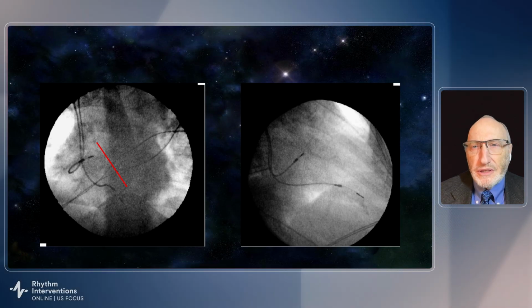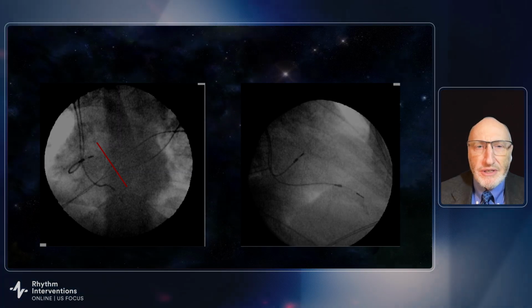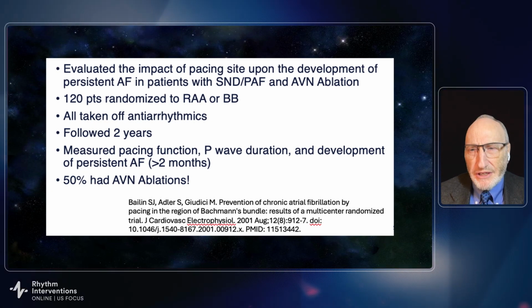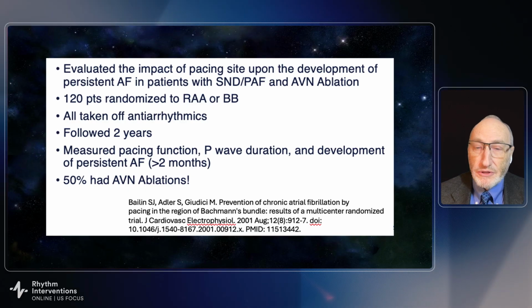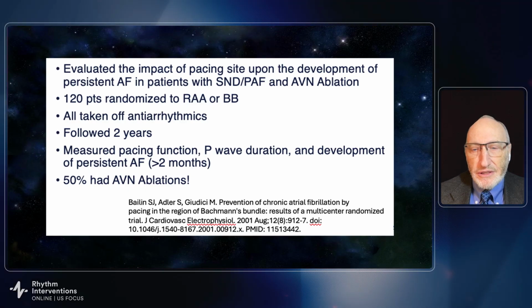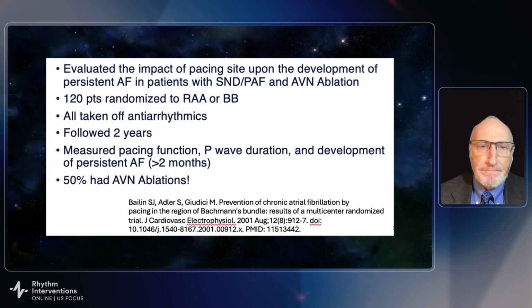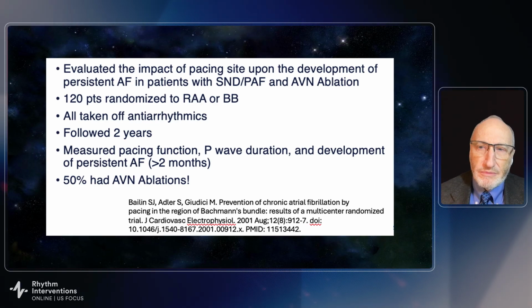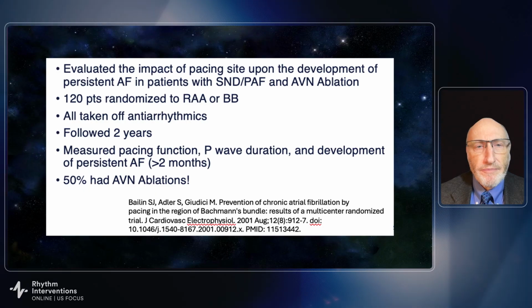Of course, the implication of the site was that we could demonstrate shortening of the PR interval, as well as shortening of the P wave duration. And we'll talk about the morphologic characteristics.